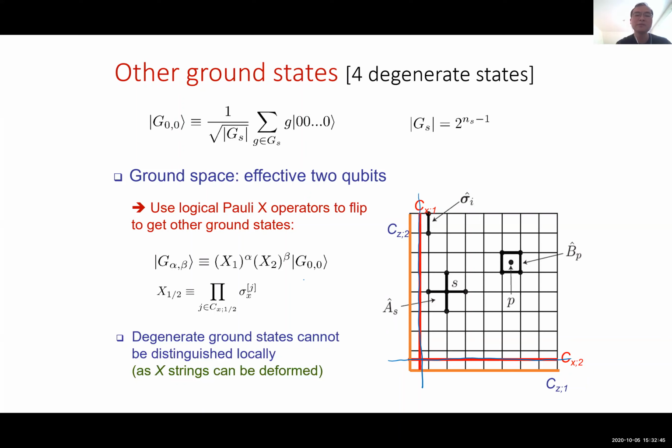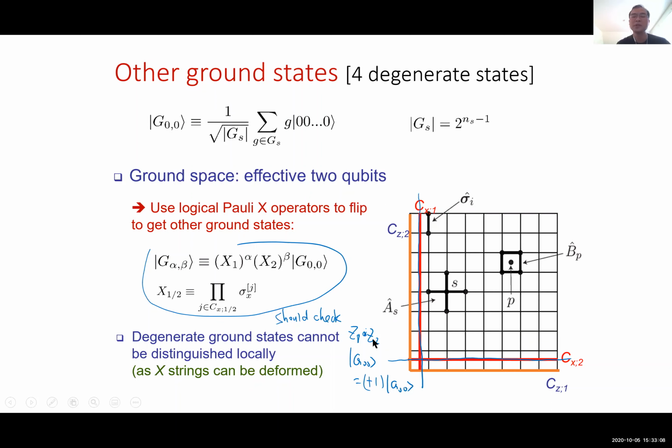In order to do this, you should first check that logical Z1 and logical Z2 acting on my 0, 0 should give +1.